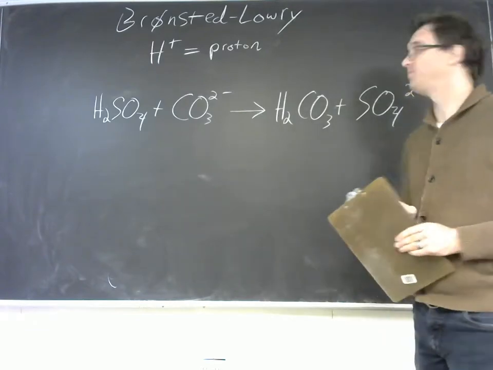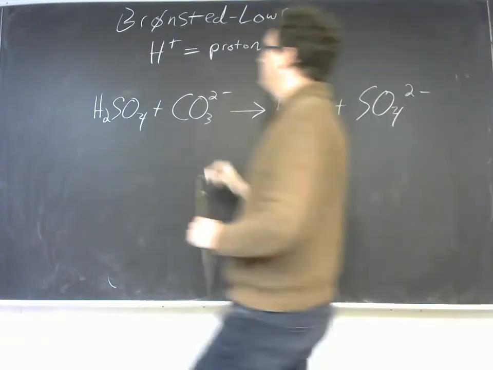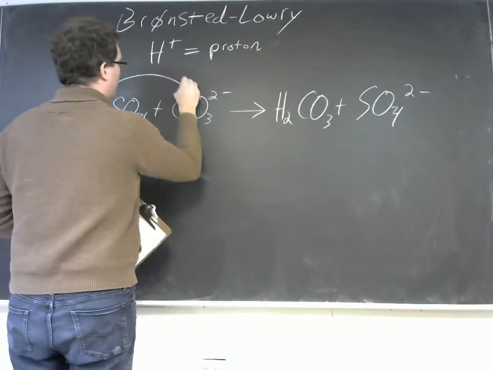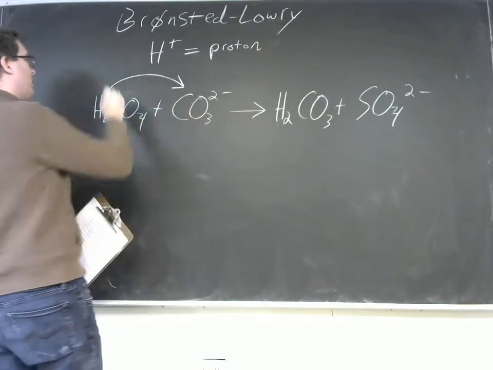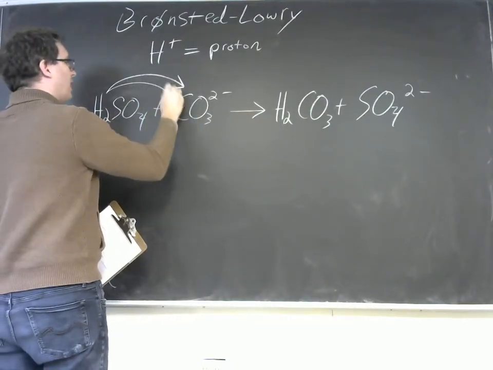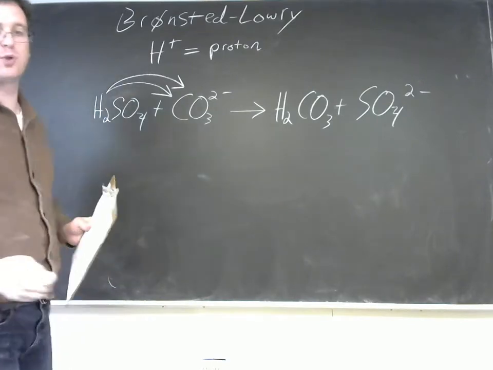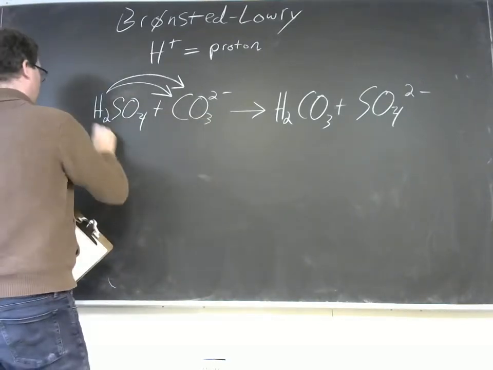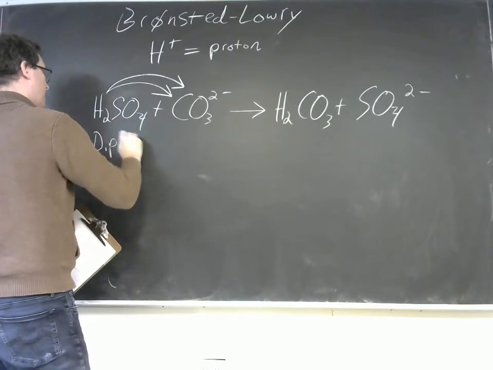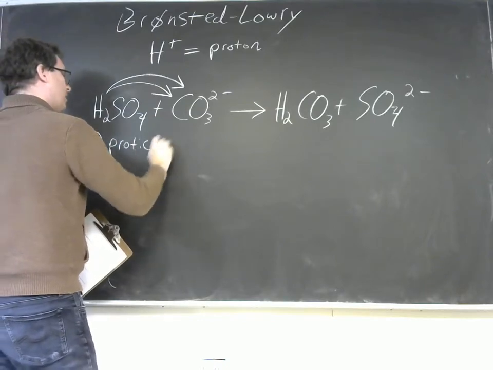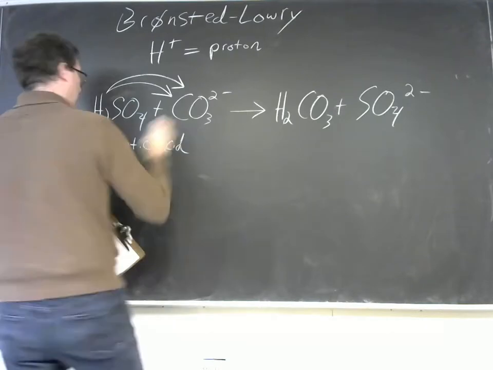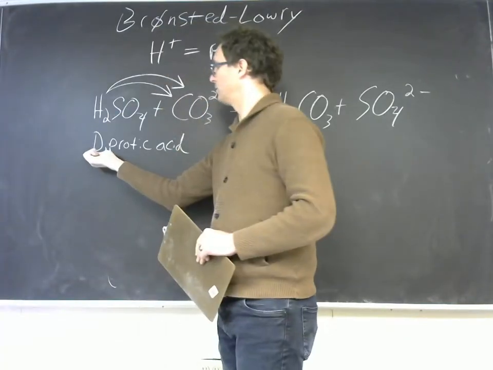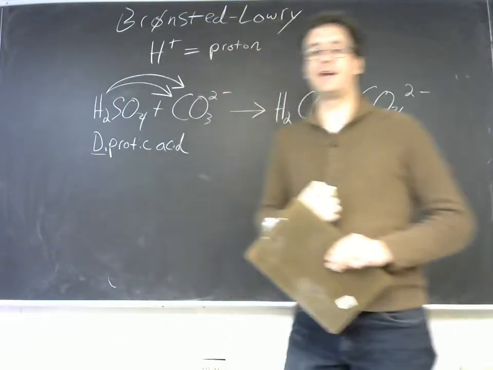And so you'll notice that the sulfuric acid, H2SO4, has donated not one but 2 protons to the carbonate ion. And so this is called a diprotic acid. So it's able to donate 2 protons.